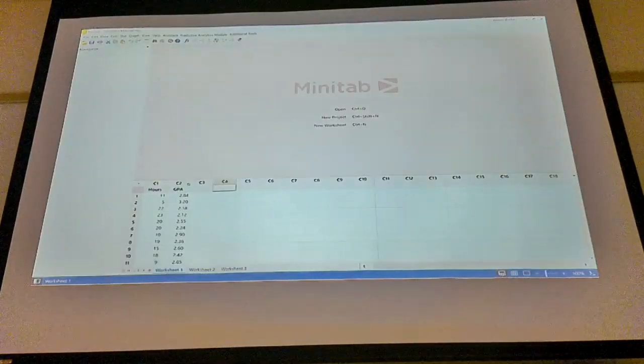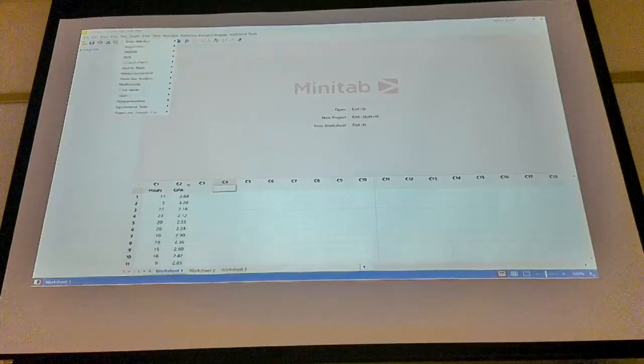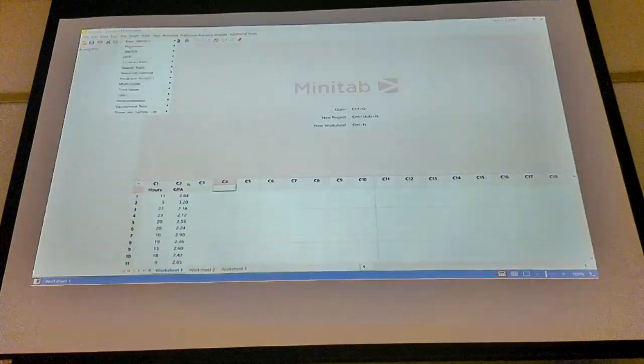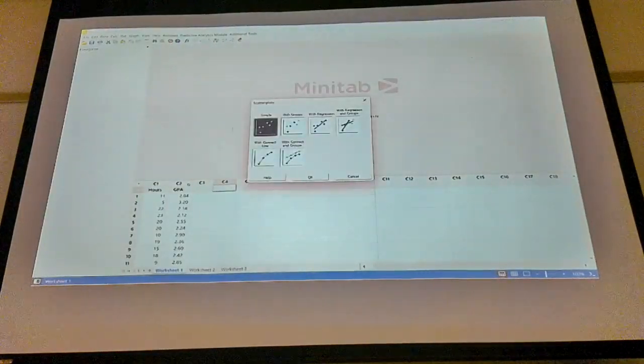As you can see, I already have the data saved, so I'm not going to have to spend half an hour re-entering it. So first thing you want to do, insert your data. For a scatter plot, you just go to graph, scatter plot. We just want simple.